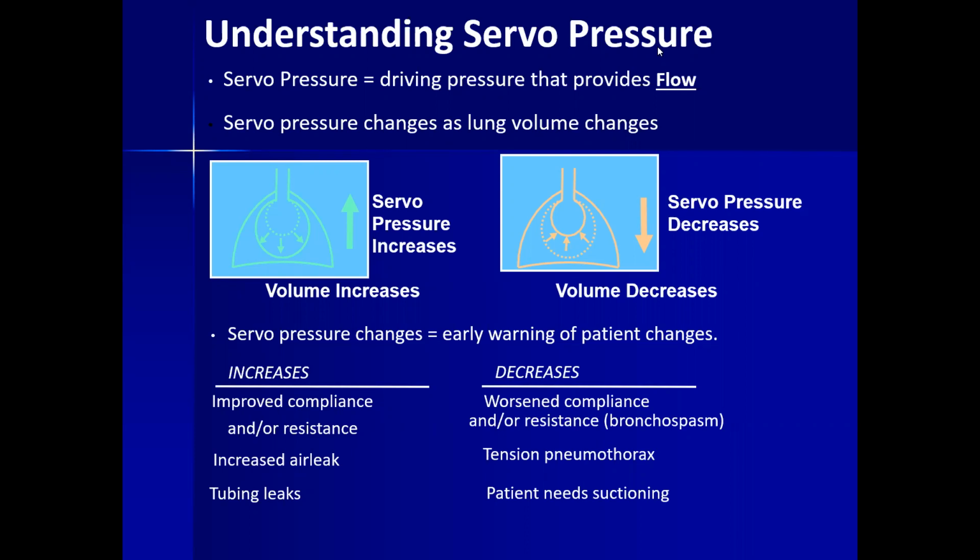When the jet vent has to ventilate a whole bunch of lung area, it's going to need more servo pressure. If it's ventilating a small area, it needs less servo pressure. So large lung area, high servo pressure, small lung area, small servo pressure.